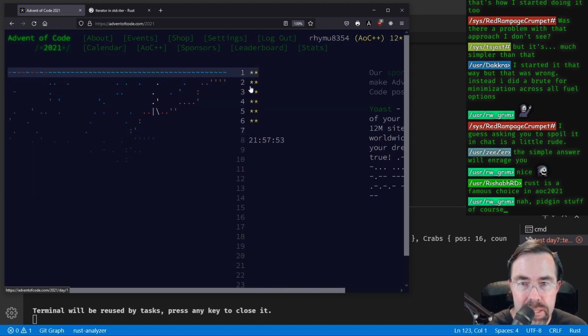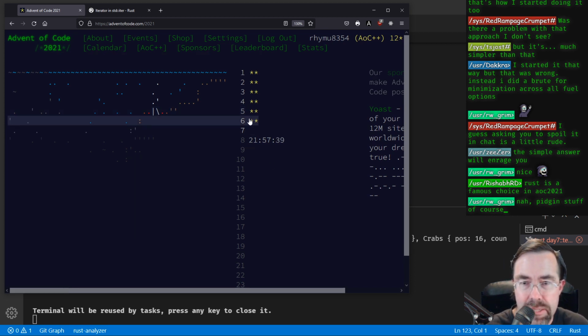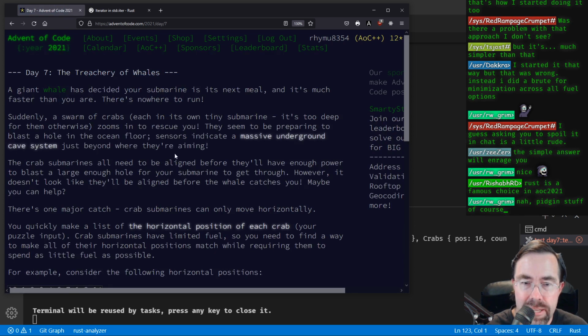The whole theme is that you dropped the keys to Santa's sleigh in the water, and they're tumbling down into the ocean now. And now you're in a submarine, and you're chasing whales, and I don't know where we're going to end up. But on day 7, we're being chased by a giant whale, but a swarm of friendly crabs is going to help us beat the whale into an underwater cavern by blowing a hole in the ground to where the cavern is underneath.